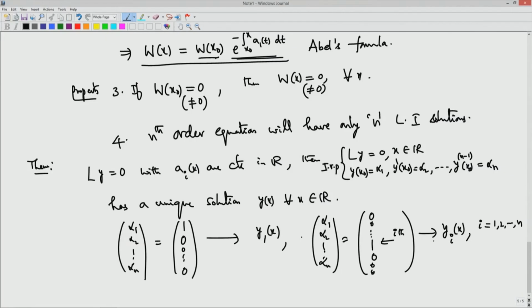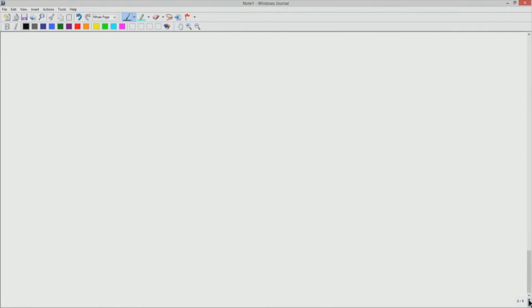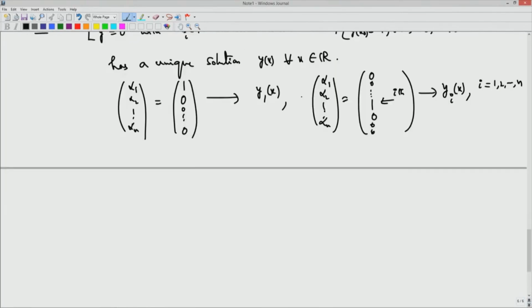Why are they linearly independent? Because if you make the Wronskian out of all these solutions at this initial value, what is the Wronskian? The Wronskian of y1, y2, yn at x naught: y1 at x naught is 1 0 0 0 0.